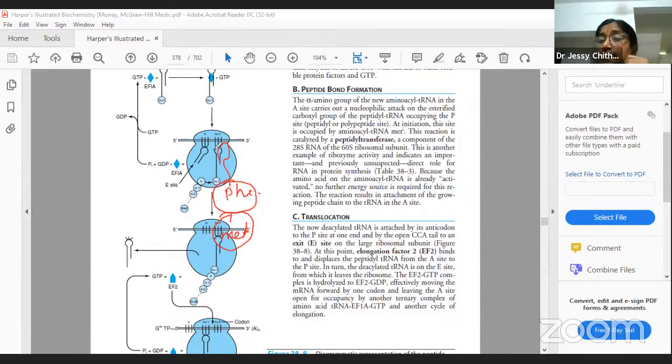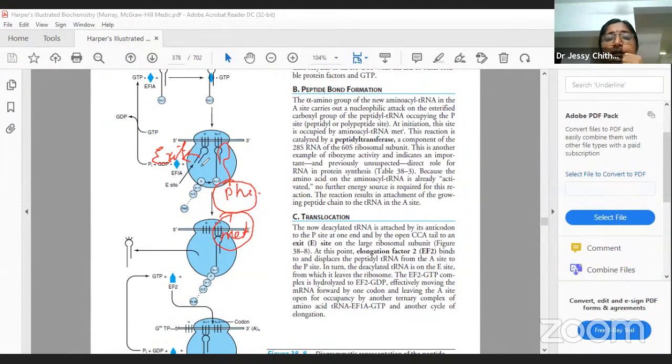So that is the second step, peptide bond formation. The tRNA at the P site will now be empty, since its amino acid has formed a peptide bond with the amino acid at the A site. This empty tRNA is removed to the exit site and moves out of the ribosome.